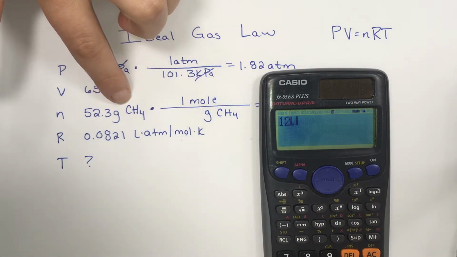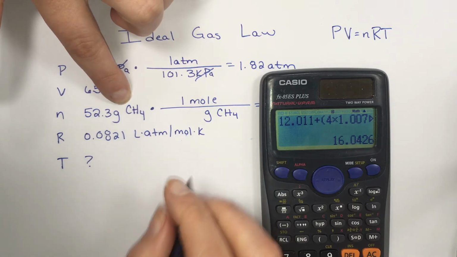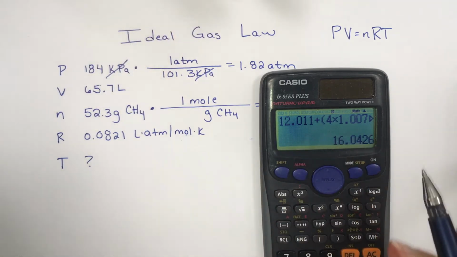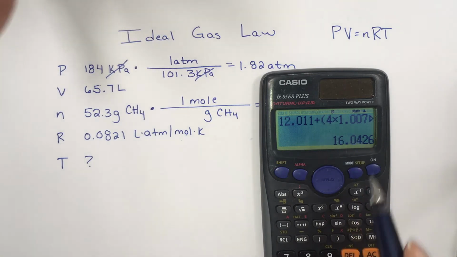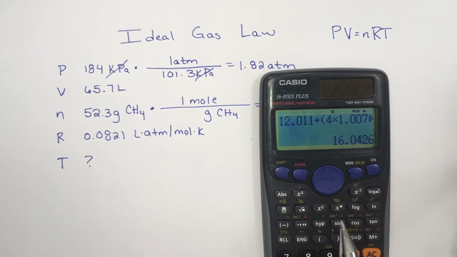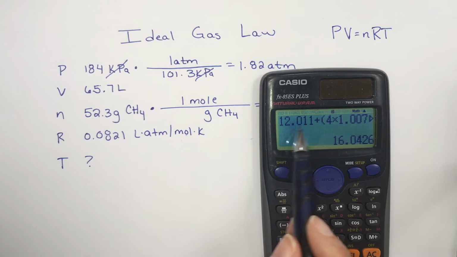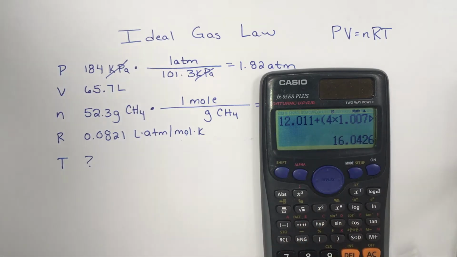Carbon is like 12.011 plus 4 hydrogens, and it weighs about 1.008 each. Okay, so the molar mass, and I got these numbers off the periodic table. Those two are very common, and so you'll probably have it memorized too, but if not, you could have found this number and this number off the periodic table.